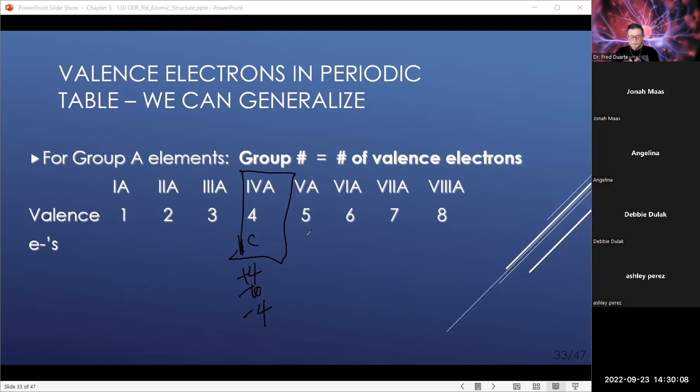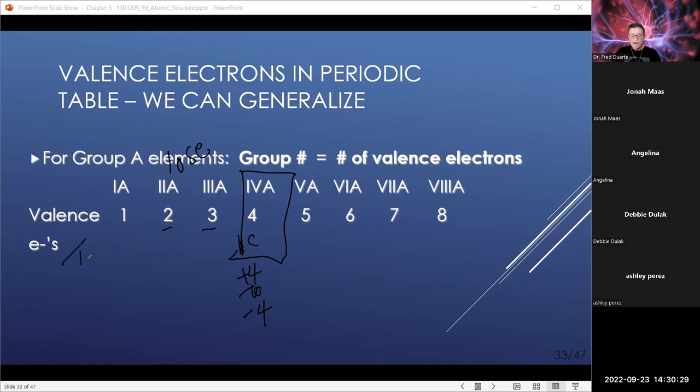Those elements, specifically the metals, before group 4, they want to lose electrons. So everybody here is losing electrons. Specifically, group 1 will lose 1, group 2 will lose 2, and group 3 will lose 3.